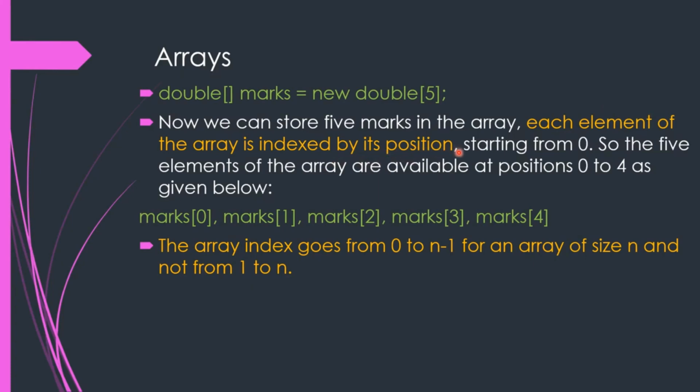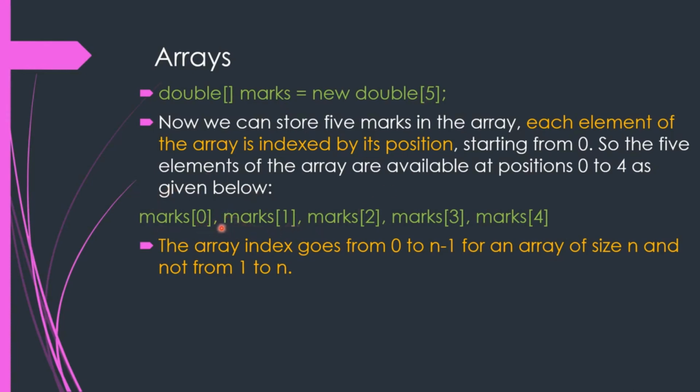It means that the array consists of elements. For example, here the array is marks. The elements of that array are marks 0, marks 1, marks 2, marks 3, marks 4. And its size is 5.